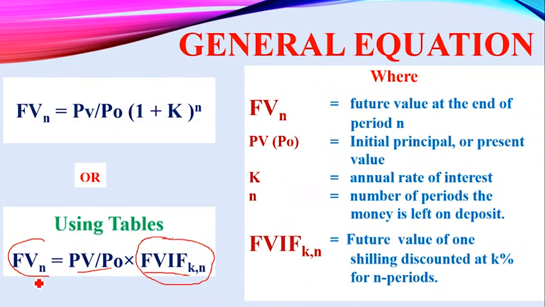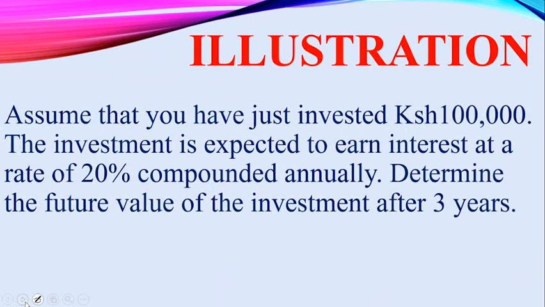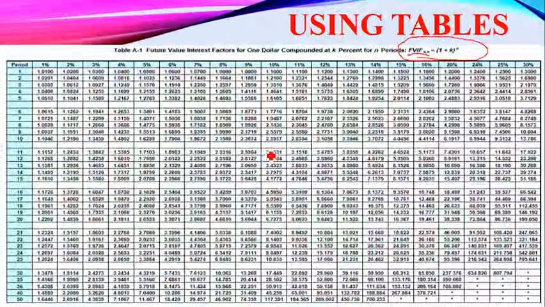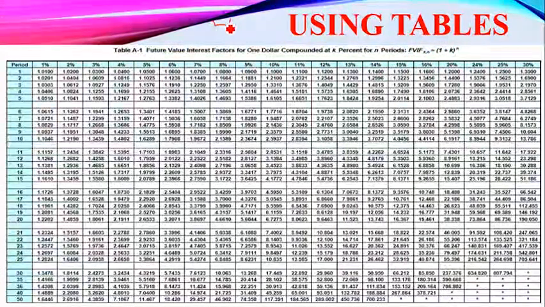From my table, you can check that I have FVIF, the future value interest factor, so I know I'm reading the right table. Now, how do you read these tables? Remember, we have K, and in our case, our K was 20%.